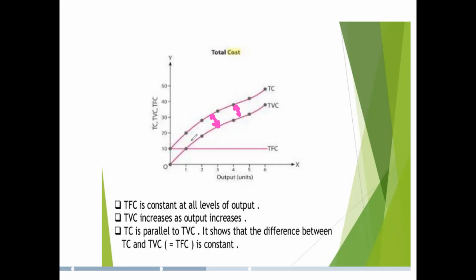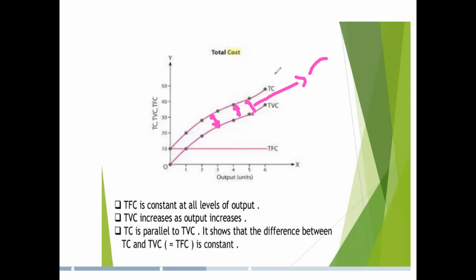The TC curve lies parallel to the TVC curve. Therefore, the gap between TC and TVC is similar.